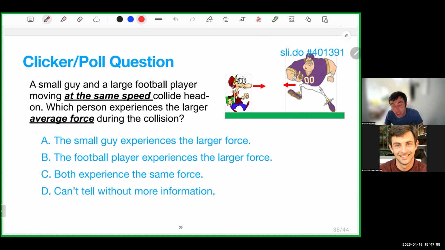When the two collide, what a lot of people want to say, not outside of a physics class, is that this exerts a much larger force on this guy. But from Newton's third law, we know that the two forces are equal and opposite. This person is pushing just as hard on this person as vice versa. So both experience the same force at all times, and therefore they both experience the same average force over the time of the collision.